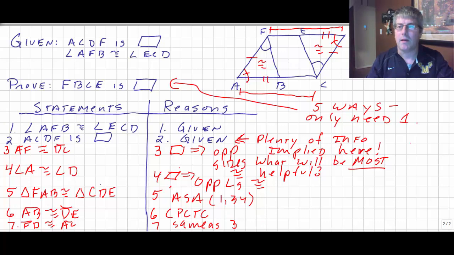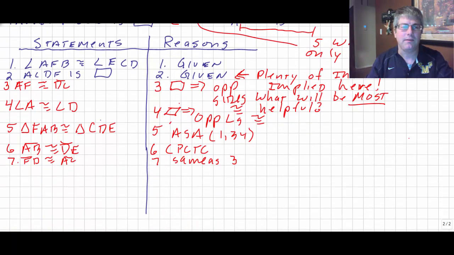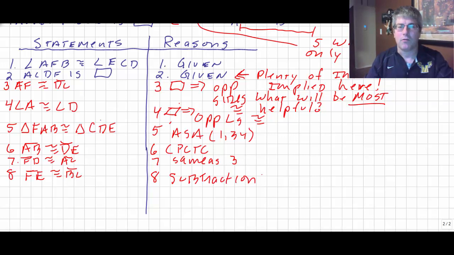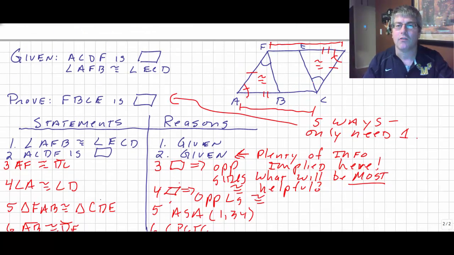Parallelogram implies opposite sides congruent, and I'll get FE congruent to BC by subtraction. If congruent segments are subtracted from congruent segments, their differences are congruent. So now I have FE congruent to BC.